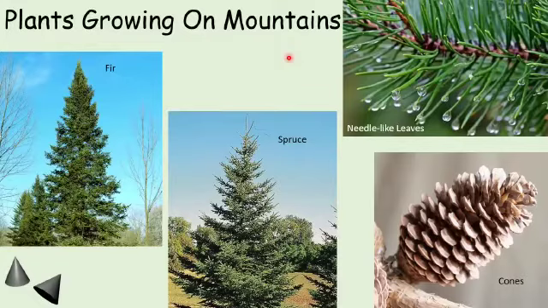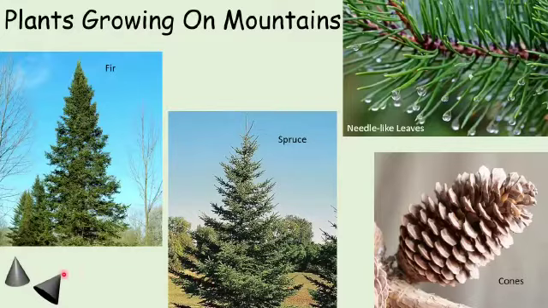Plants growing on mountains or cold regions are generally tall and straight. They are cone-shaped. A cone is a shape with a circular base and smooth curved sides ending in a point at the top.